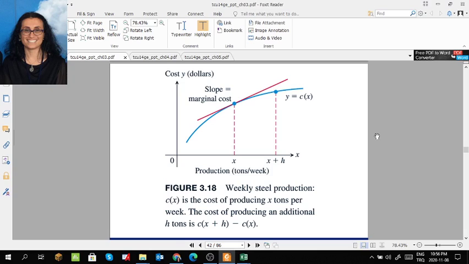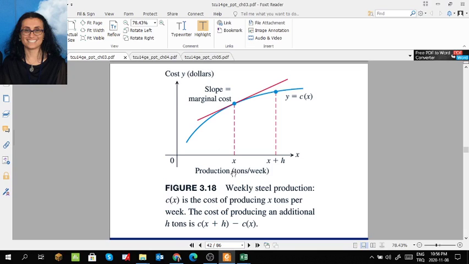Okay, next example is about the cost function. The x-axis is showing how many tons of steel are produced per week, and the y-axis shows the cost.